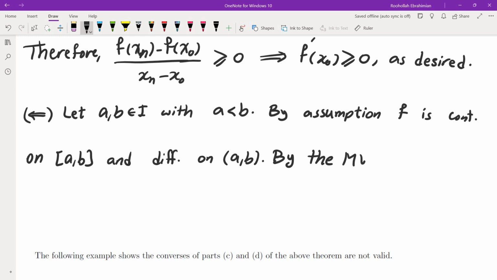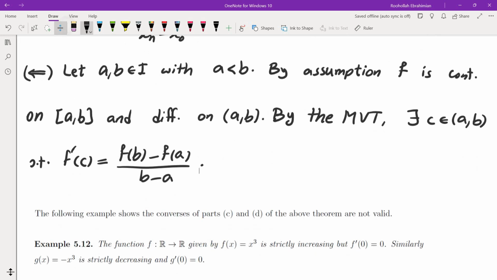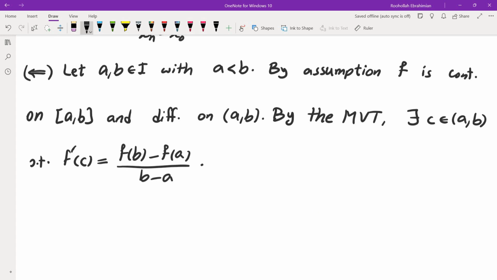By the mean value theorem, there is some c inside the interval such that f prime of c is equal to f of b minus f of a over b minus a. But the assumption tells us that f prime is greater than or equal to 0. By assumption, f prime of c is greater than or equal to 0.